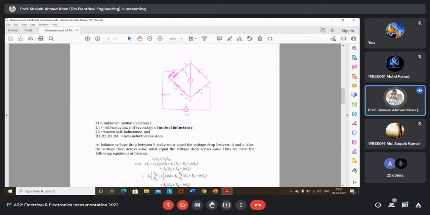Once your bridge is balanced, this branch will have the same voltage as this branch, and this branch will have the same, only then will B and D sit at the same potential. So when the bridge is balanced, the voltage drop across this will be the same as the voltage drop across this that I had written here, and the voltage drop across this will be equal to the voltage drop across this branch that I had written here.